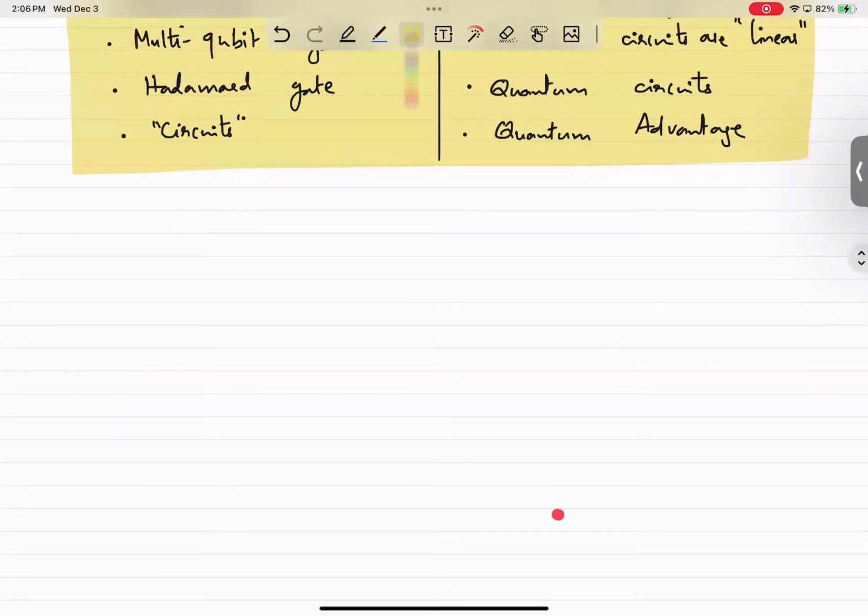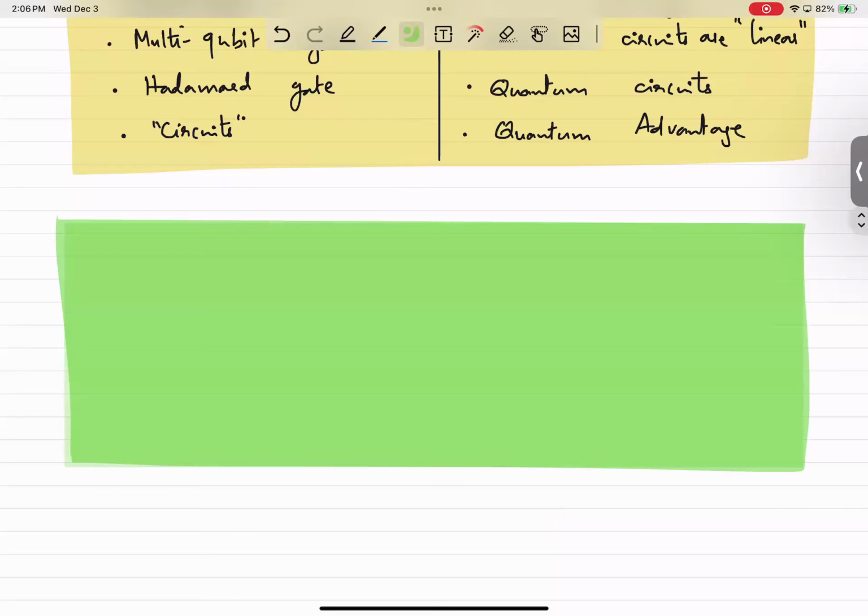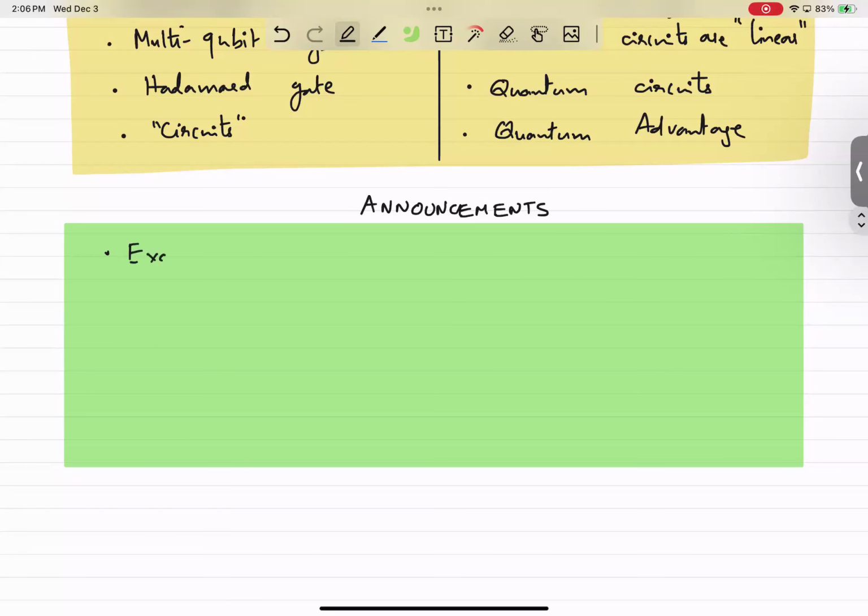Before going on, some announcements to keep in mind. First is that exam 3 is on December 9th, 8 a.m. to 10 a.m. So make sure you're there.